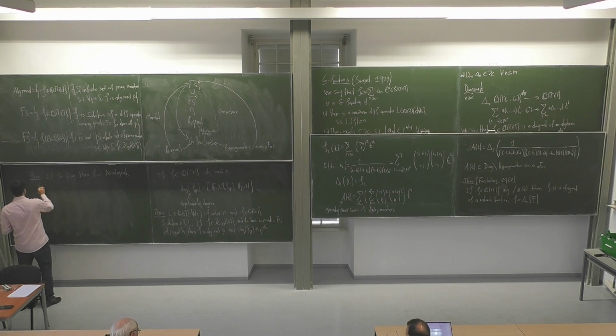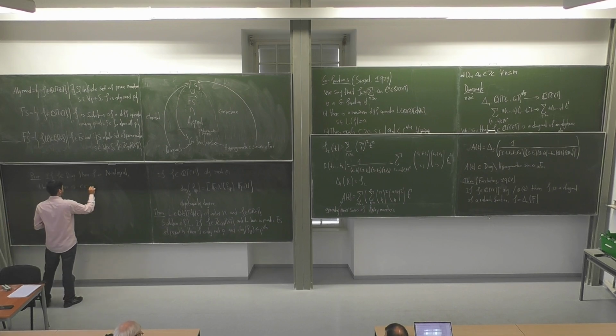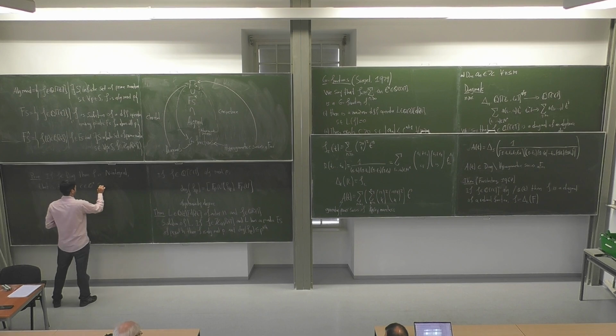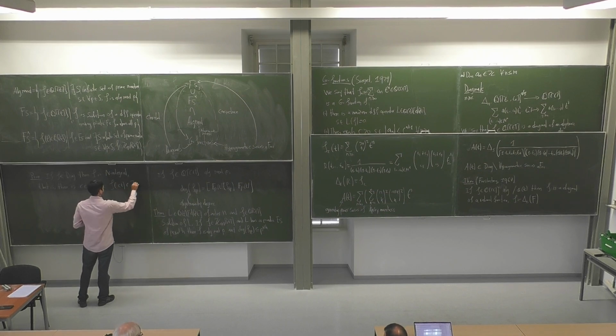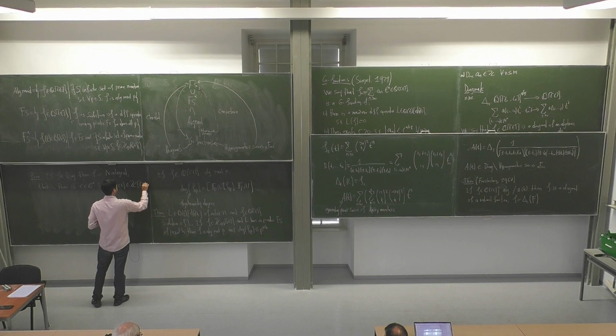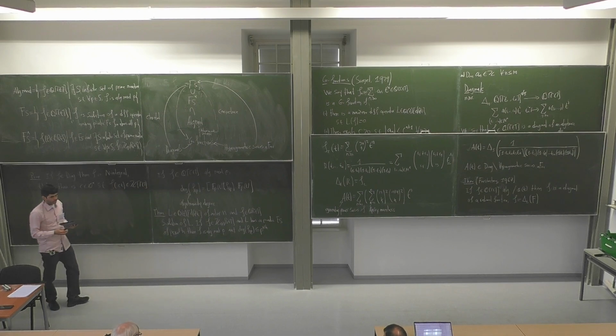That is, there is a constant c, a nonzero rational number, so that f of c times t is a power series with integer coefficients. Okay?